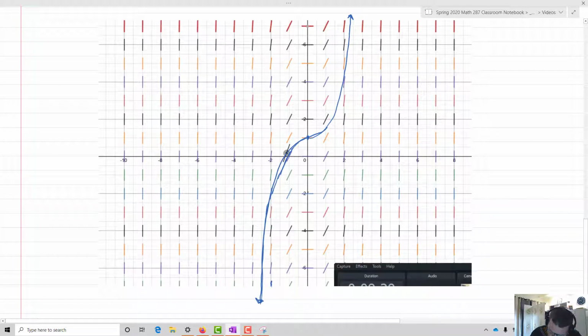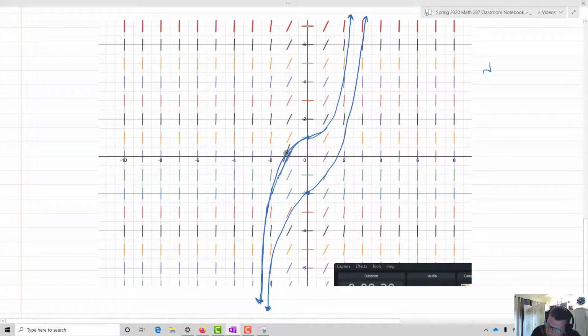Start at a different point, a different value for the initial condition for y, and what you get is a curve that starts at a different place but basically has the same shape, because the differential equation is exactly the same for both of them. You can see that this is like a cubic curve.